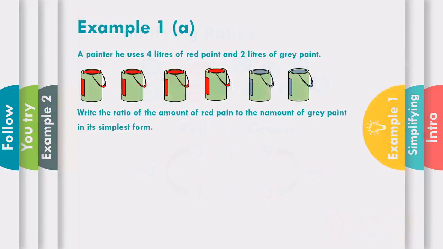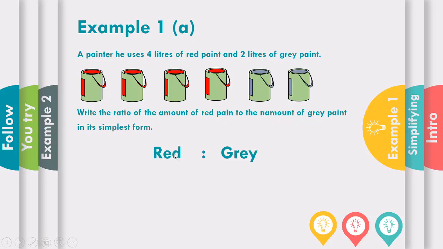Okay, let's look at another example. A painter uses 4 litres of red paint and 2 litres of grey paint, and we're going to write the ratio of the amount of red paint to the amount of grey paint in its simplest form. So we're looking at the ratio of red to grey, and we can see we've visually got it here. We've got 1, 2, 3, 4 red is to 2 grey. Again, these are both even numbers. And straight away, if I know I've got some even numbers, I know that I can divide both of those numbers by 2.